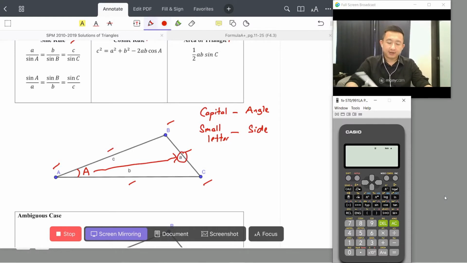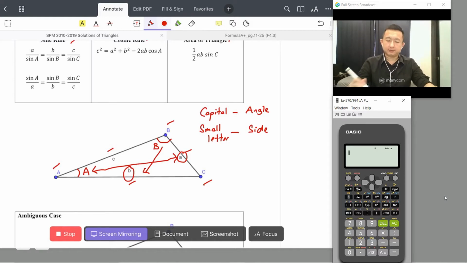And we can conclude this is one pair, one pair of angle and side. Likewise, if this is angle B, opposite you have side b, small letter. So this is how you label it, capital and small letter.